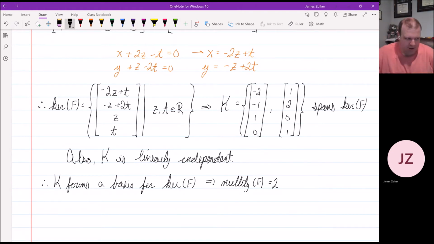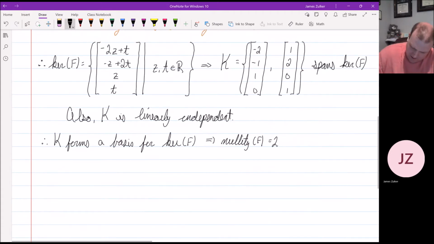Now the range, well, it's just the set of outputs, right?